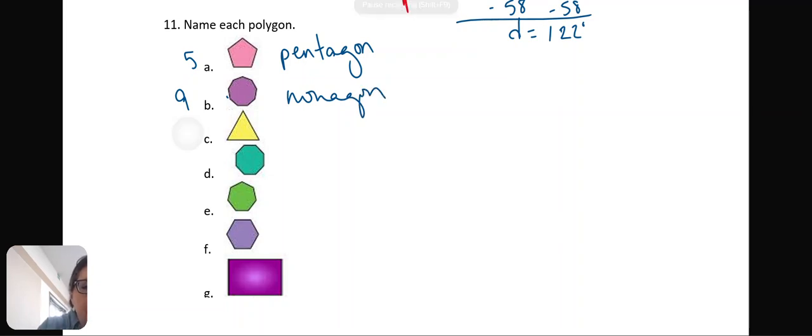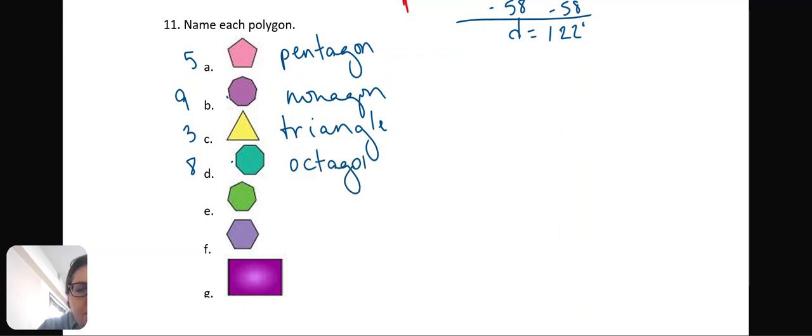This one has 3 sides, so it's a triangle. This one has 1, 2, 3, 4, 5, 6, 7, 8 sides, so it's an octagon. This one has 1, 2, 3, 4, 5, 6, 7 sides, so it's a heptagon.